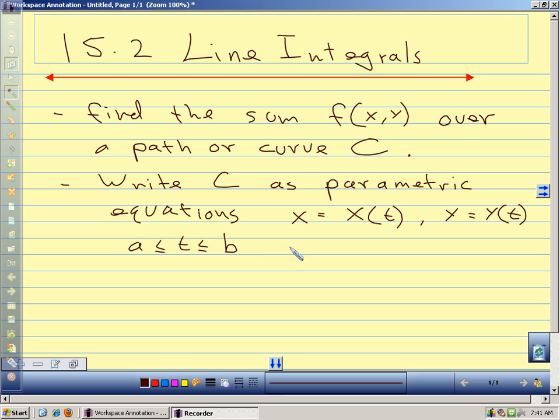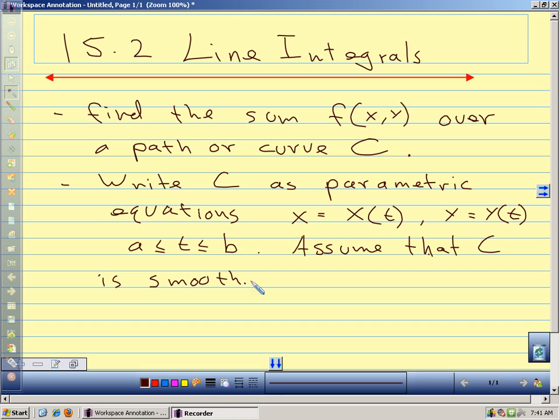And we're assuming that C is smooth. A smooth curve again means that the first derivatives are continuous and they're not zero at the same time.